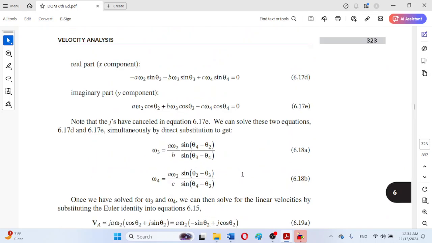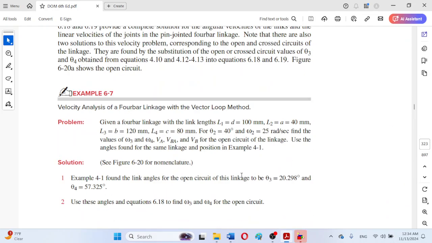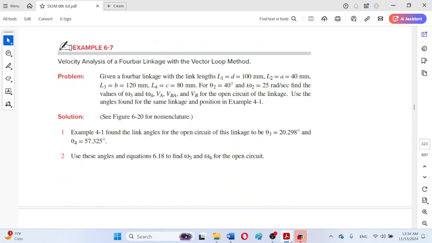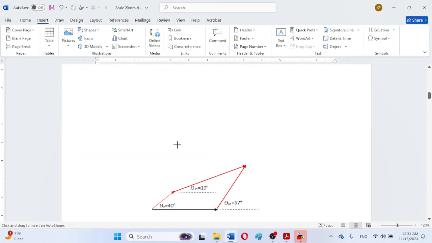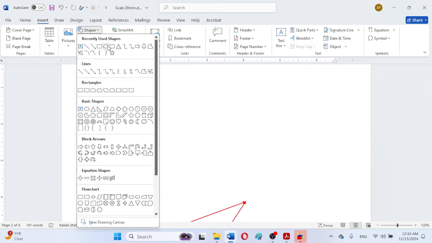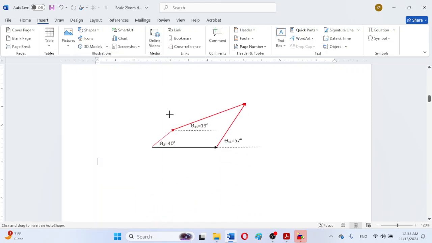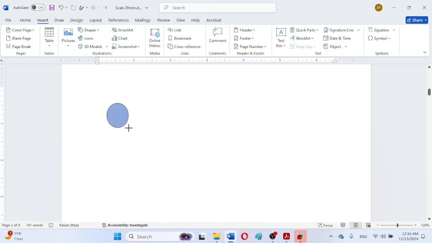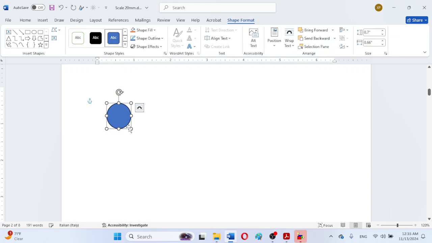So in this way, this was the example, and now we will be creating a line graph. For example, we just create a simple circle here just to make you understand.